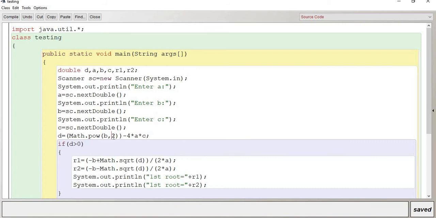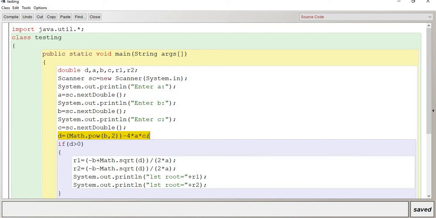If it is b cube, we will write b comma 3. So this is the way we can use Math.pow instead of b into b. Minus 4 into a into c. This is the formula for determinant, that is b square minus 4ac, represented in this form.